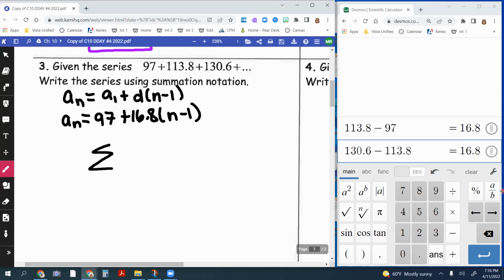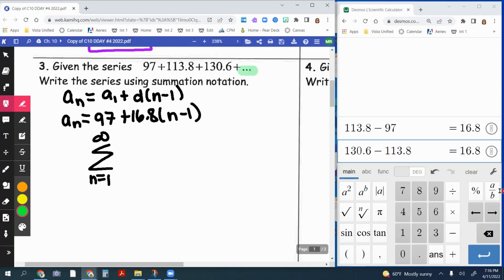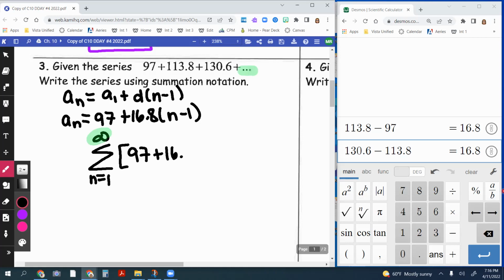And so I've used my summation notation. I'm going to start from 1 to infinity, infinity because they didn't give us an end. And then my a sub n is 97 plus 16.8 times the quantity n minus 1. And that's your answer.